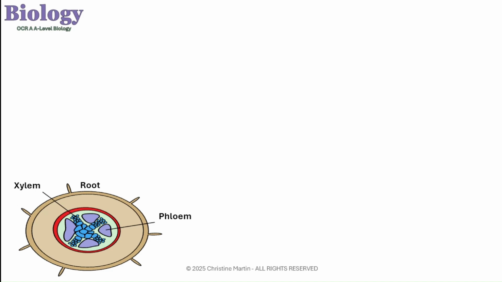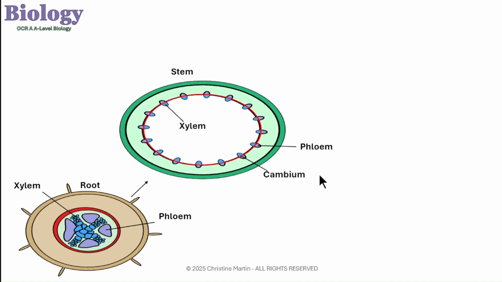Now, as we move up the plant, we move on to the stem. Now, the vascular bundles in the stem are arranged in a ring near the outer edge of the stem. The xylem lies towards the inside and the phloem towards the outside, and a layer of cambium, a meristem, sits between.